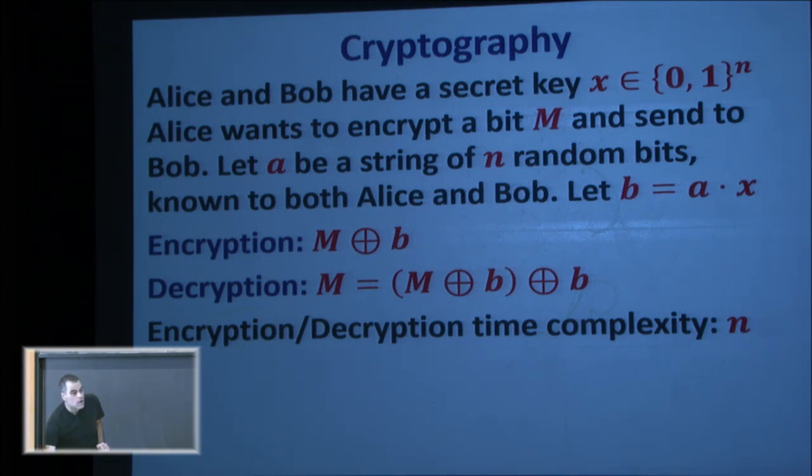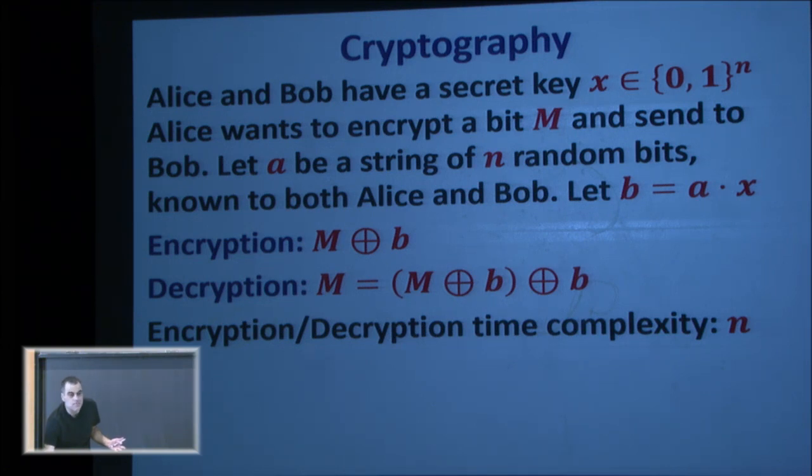Both Alice and Bob know X, and therefore they can compute the inner product of A and X, call it B, and use B as a one-time pad to encrypt the bit M. So the encryption is M plus B modulo 2. Alice sends M plus B modulo 2 to Bob.